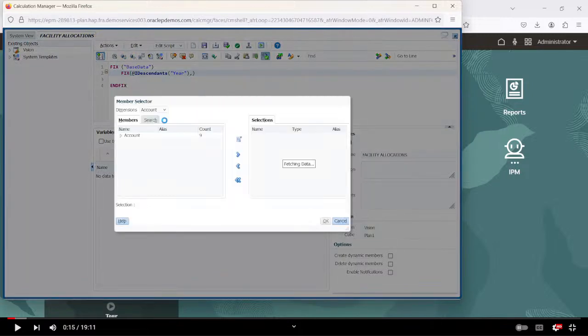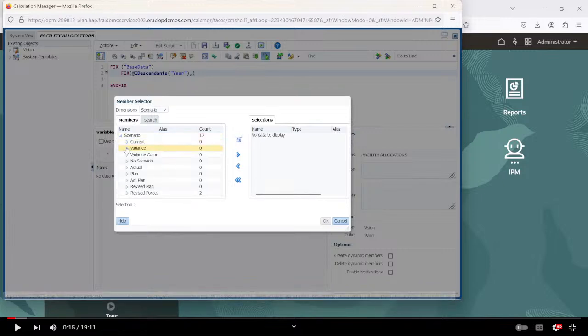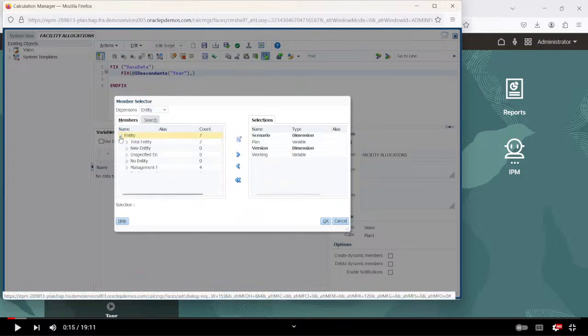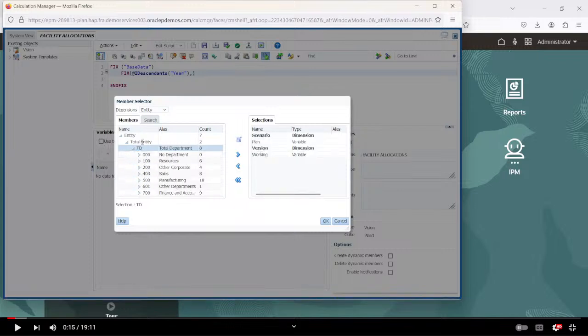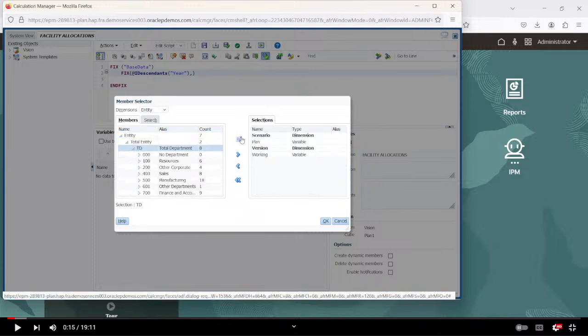member, scenario. Let's do it for plan, version, working, entity. Let's work for total department. So it would be I descendants of total department.